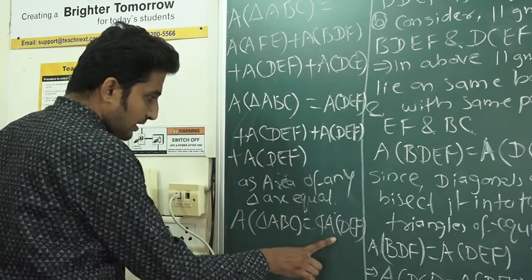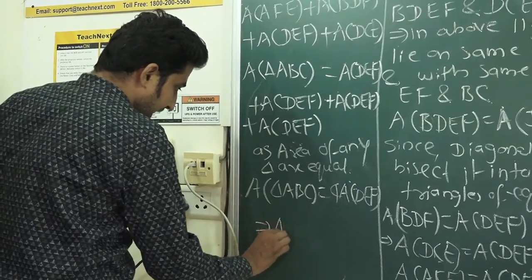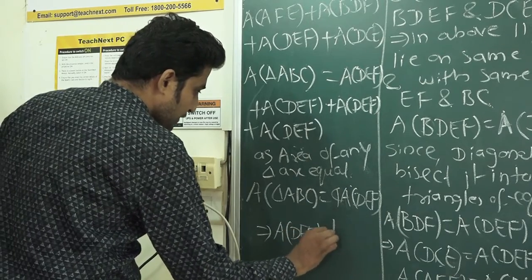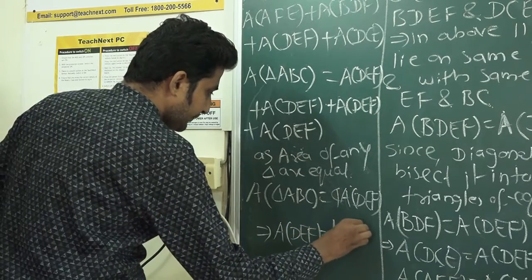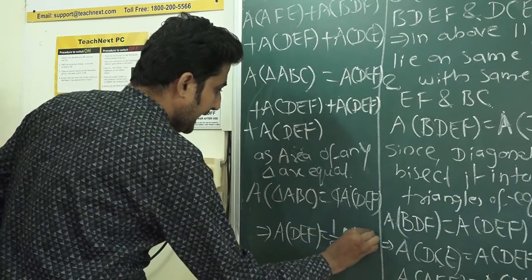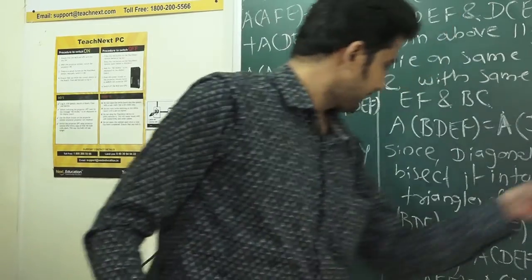And if you shift this 4 to LHS, we get area of DEF is equal to 1/4 of area of triangle ABC. This is what we have to prove here.